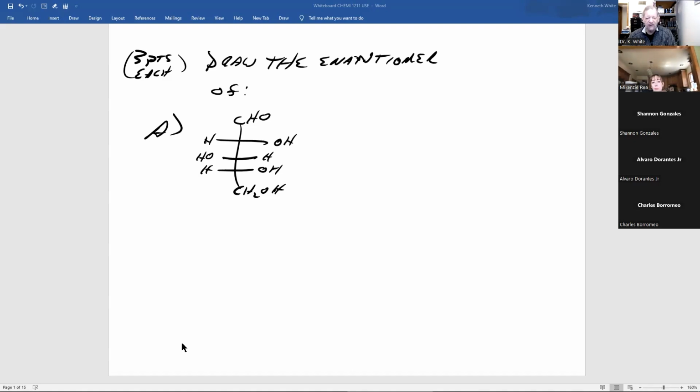Everybody's done. My turn. Enantiomer means the non-superimposable mirror image. So here's my mirror.